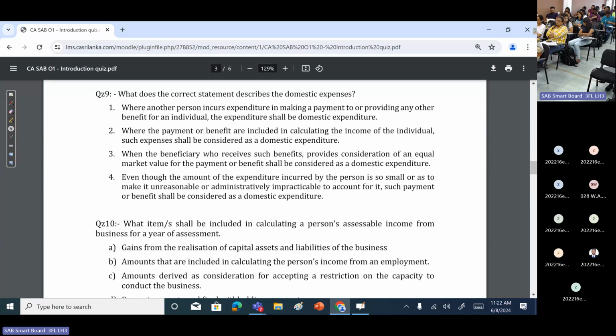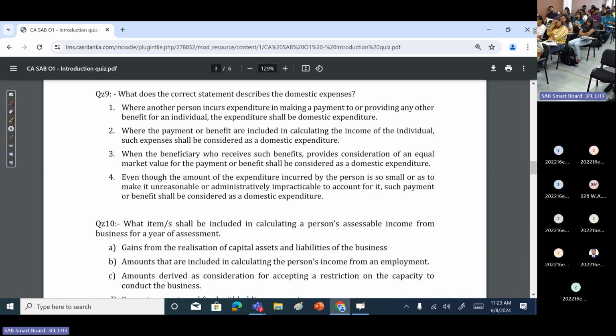What is the correct statement describing domestic expenditure? Where another person incurs expenditure in making a payment to or providing any other benefits to an individual, the expenditure shall be domestic expenditure. Where the payment of benefits are included in the calculated income of the individual, such expenses shall be considered as domestic expenditure.